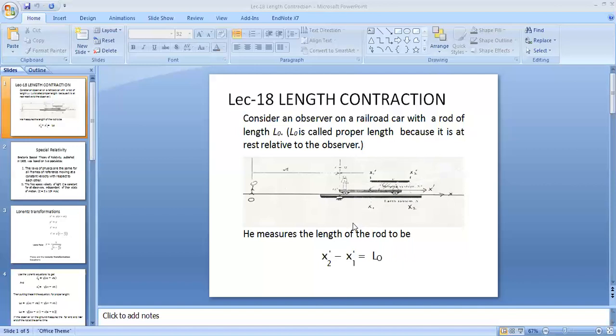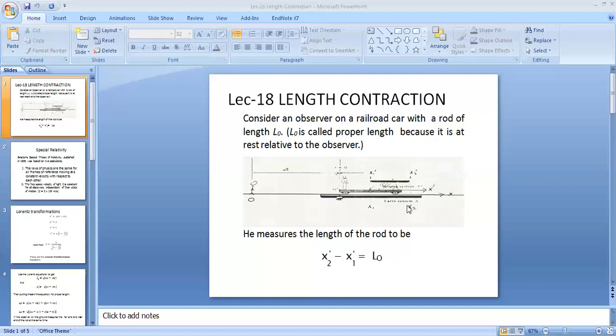Now another observer is located on the ground, at point O. He measures the length of this moving rod. This rod is moving with speed v along the x-axis along with the other observer. This observer measures the length of the rod to be x2 minus x1.